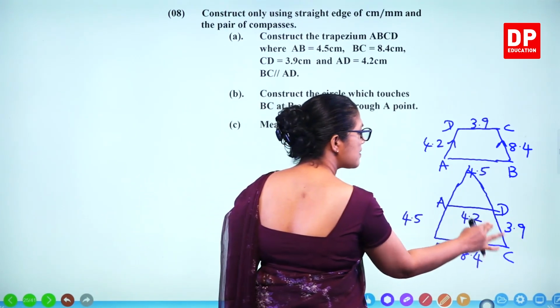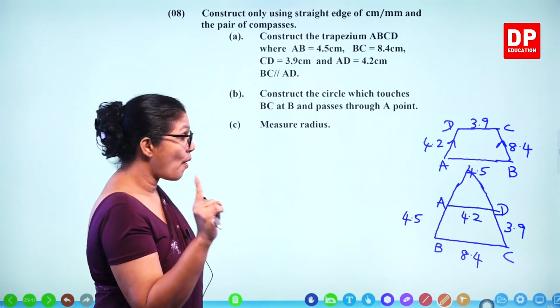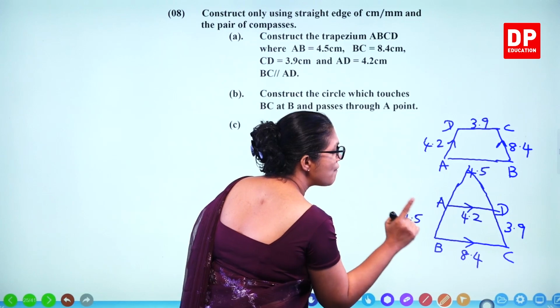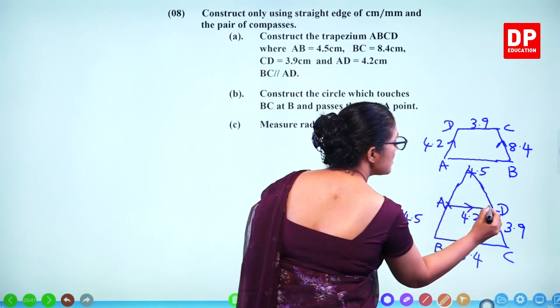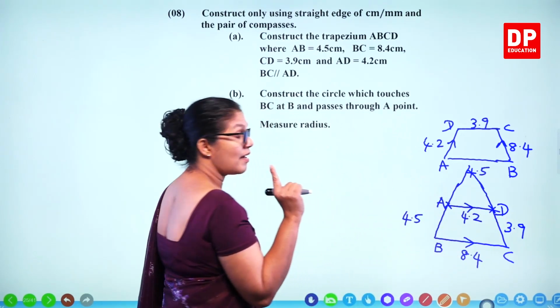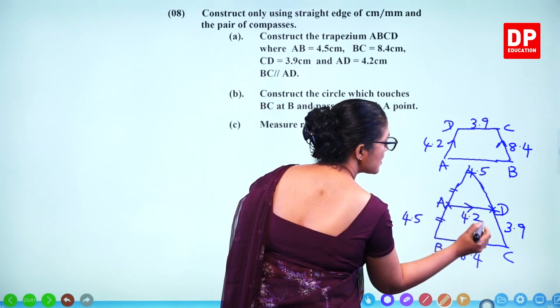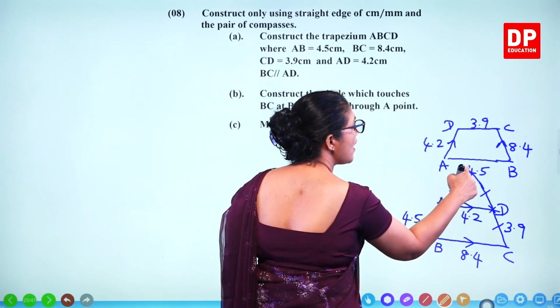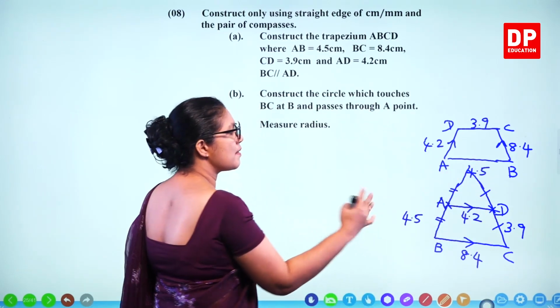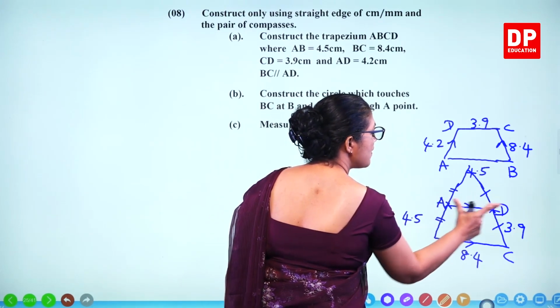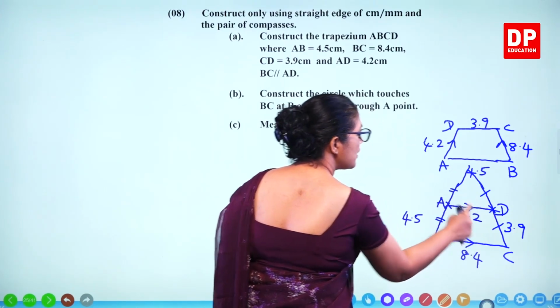So no angles are given, so we can use the property. Now these two lines are parallel. So if we take this one as the midpoint, according to the midpoint theorem, this is the same as this. You can find this intersecting point, and easily find AD, because we don't know otherwise where to put the value.